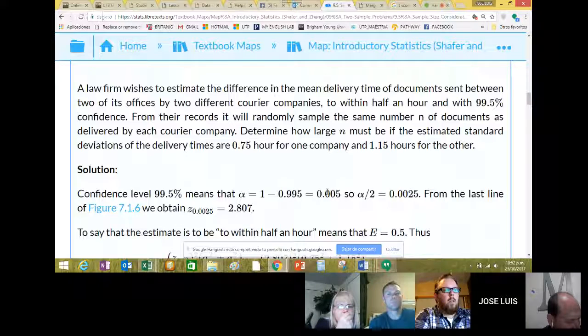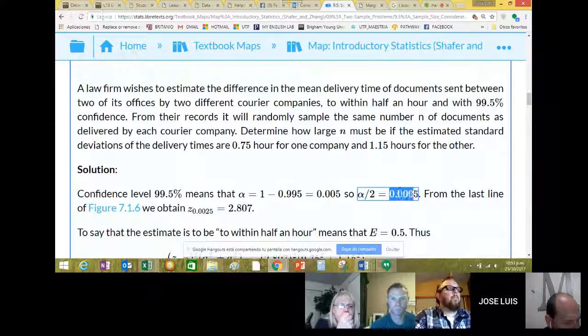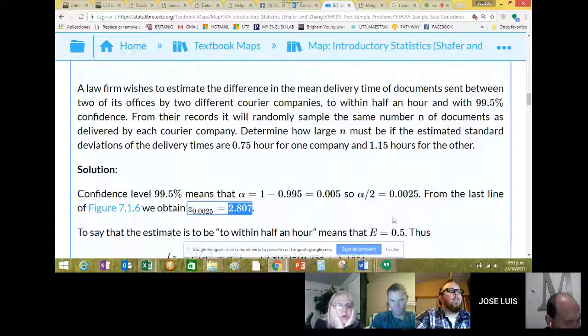And we get this. And we have to divide this number by 2. And we obtain this number. Okay. For the t-score, we have to find it in the applet. We have to put, in this case, this number in the applet, and we get that t-score. In this case, this score. And we are going to use this number.